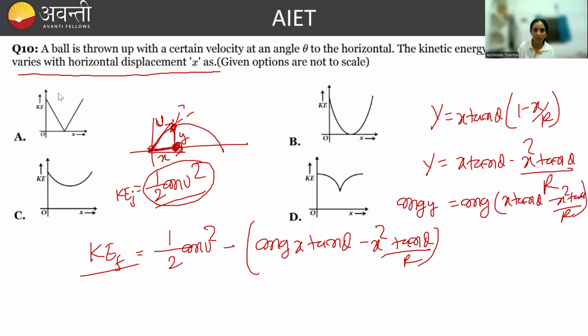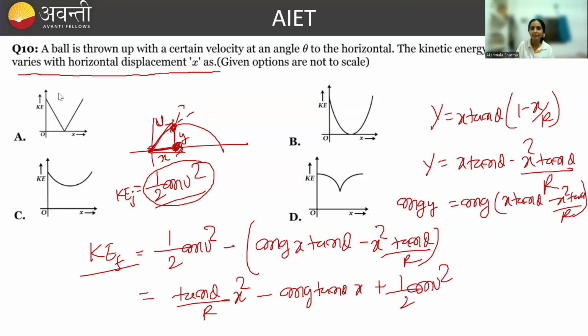So how would you write the final kinetic energy? Some constant, half mu square, minus mgx tan theta plus x square tan theta by r. Let me write it like this: tan theta by r x square, minus mg tan theta x, plus half mu square.